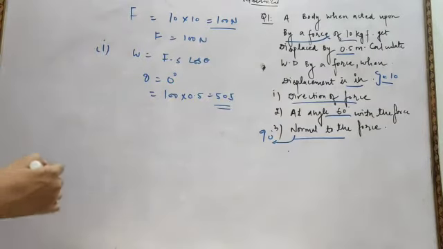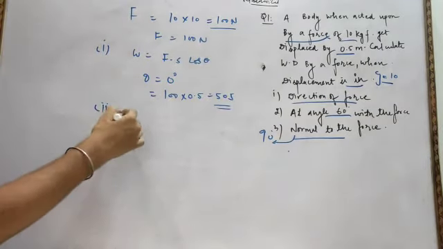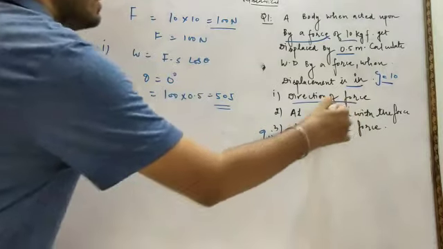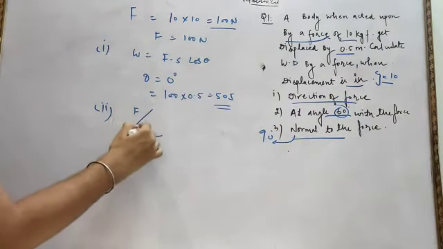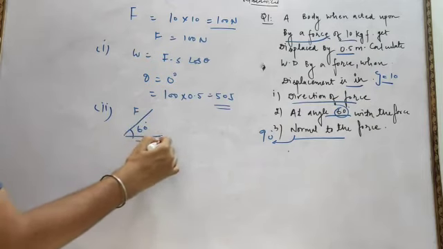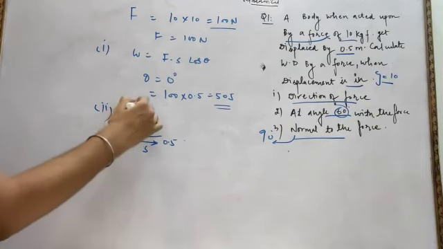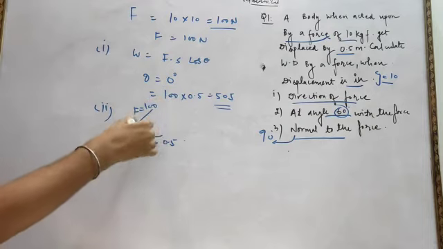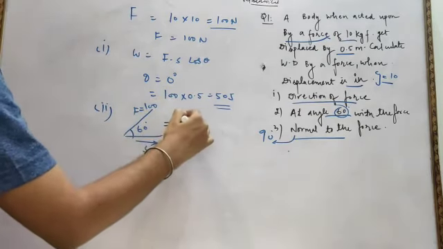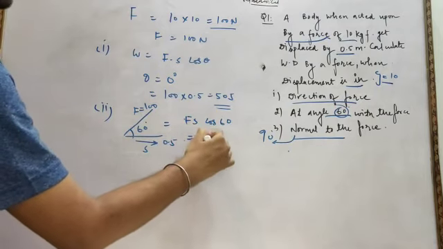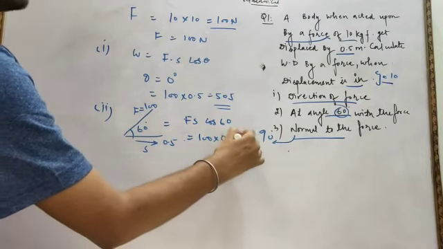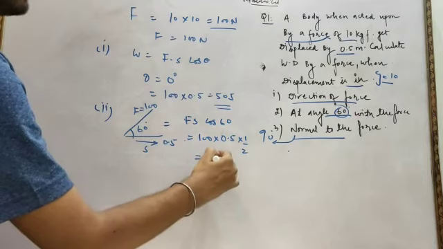So in the direction of the force, the work done will be 50 joule. At an angle of 60 degrees, the force is applied at an angle of 60 degrees and the displacement is 0.5, and the force is 100 Newton, and the angle between force and displacement is 60 degrees. So work done equals Fs cos 60, that equals 100 into 0.5 into 1 by 2, that equals 25 joule.